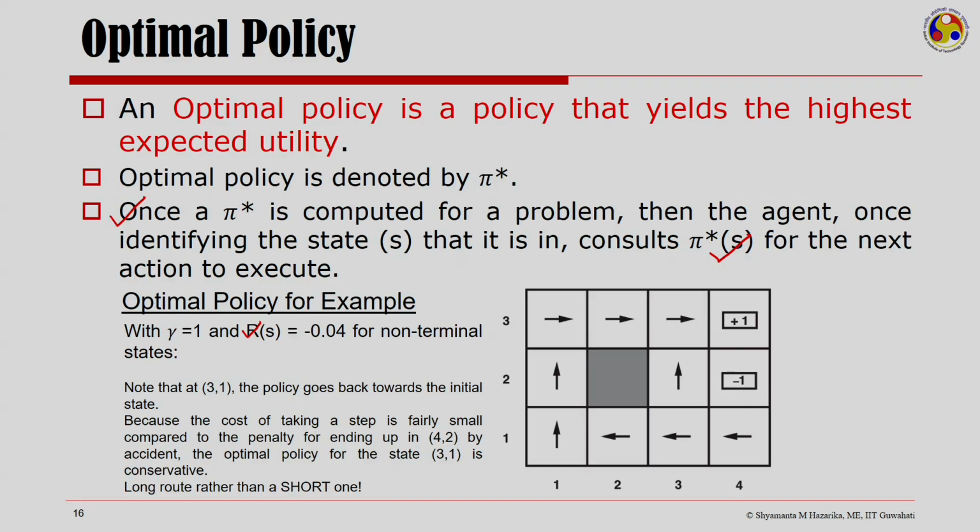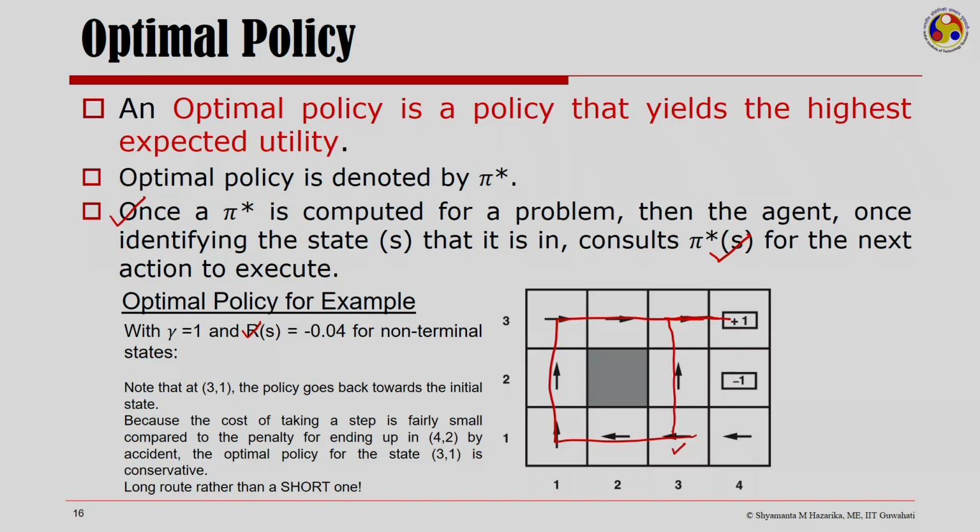One thing that I want to make explicit here is that if you look at 3, 1, even if the shortest path to the goal is about going here and getting to +1, the optimal policy here is taking a longer route.